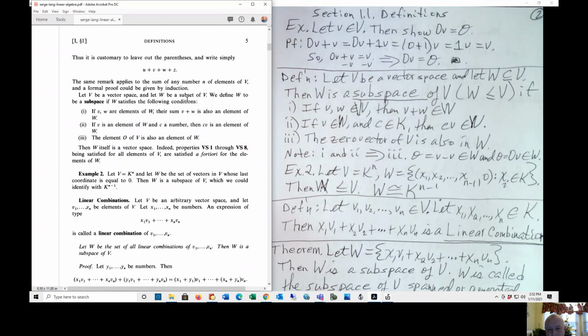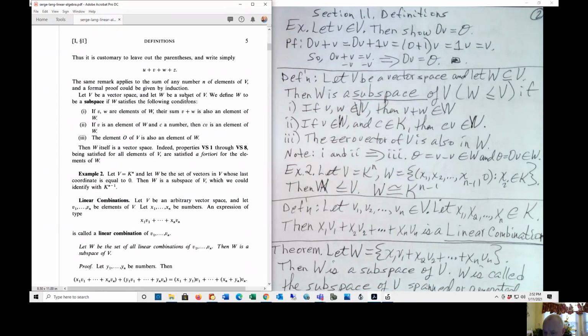Okay? Here's an example 2. Let V be Kn, and let W be the subset of Kn where you have all your coordinates x1 through x(n minus 1), but then the last coordinate x sub n is 0. Knock off the last coordinate.